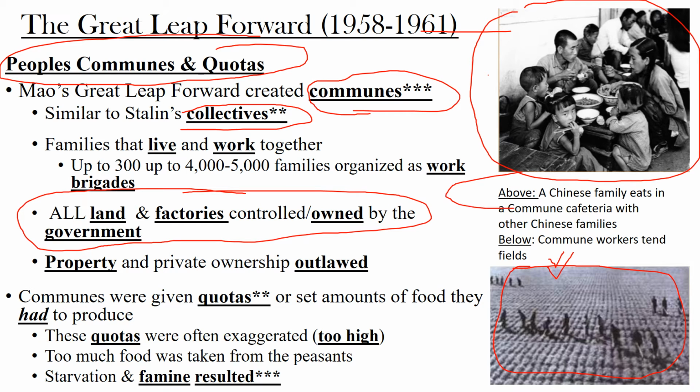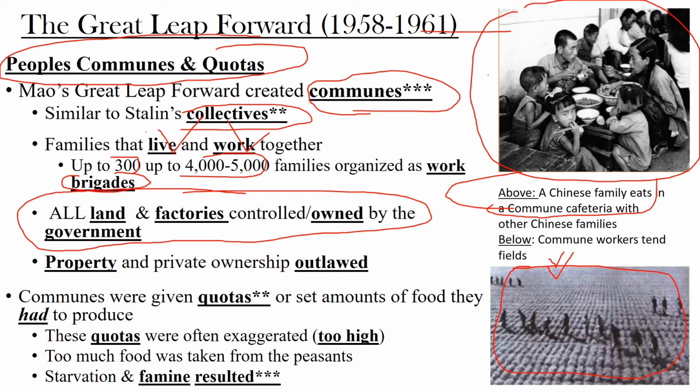We are all going to eat in a communal cafeteria with mass-produced food. That's more efficient. So families were forced by military control to live and work together, generally up to 300 or even 4,000, 5,000 people organized as work brigades, working on government-owned farms.